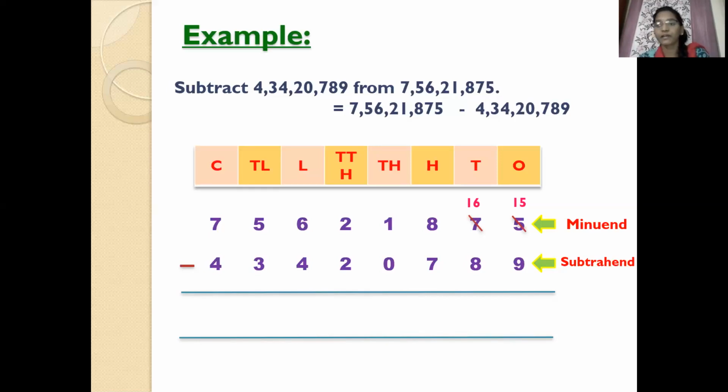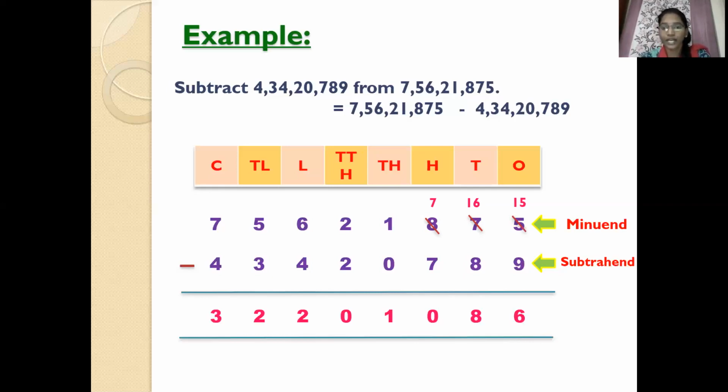Then 5 will become 15. Then again, 6 minus 8 is not possible in tens place. So from 8 you will take 1, which will give 1 to the tens place. So 6 will become 16. When 8 is giving one digit to tens place, 8 has to become 7. Am I right? So 1 is being borrowed to tens place from hundreds place, isn't it?